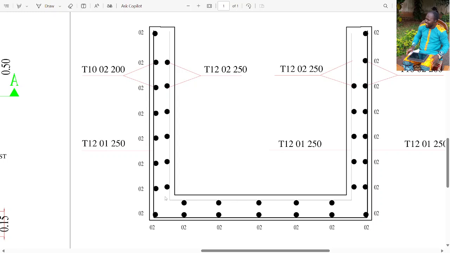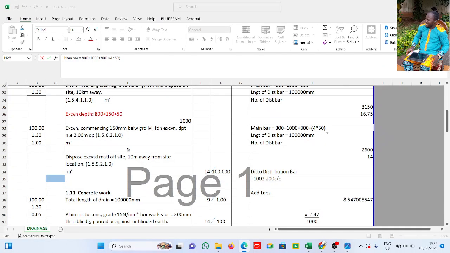There's no 50 mm there in the drawing; I was the one that assumed it to be 50 mm, because I don't want to leave it out and say it is 1 meter when it is beyond 1 meter. So you have to allow for it. That's why I just put it here so that you see it.